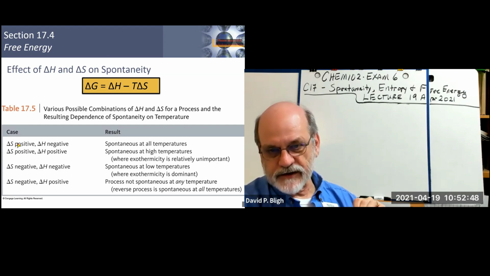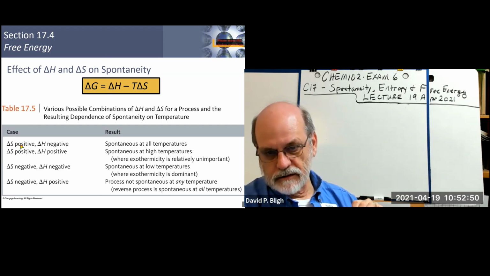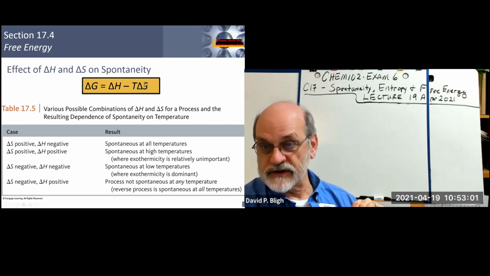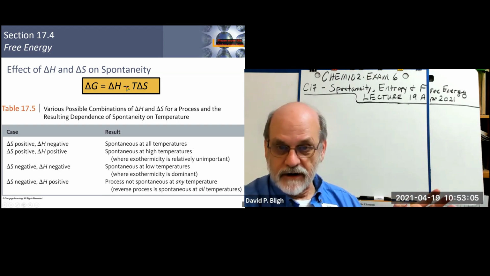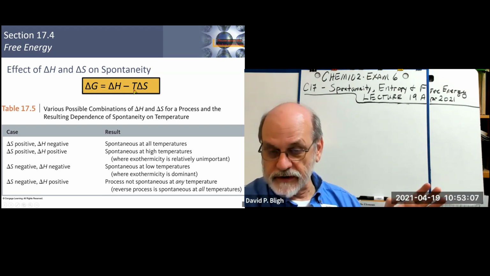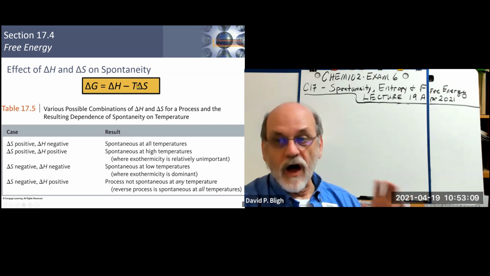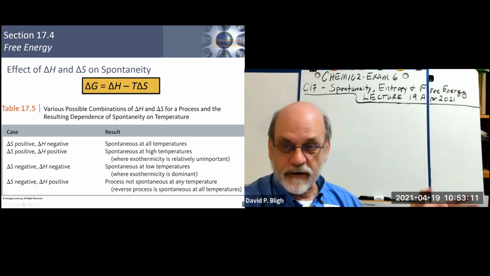So if delta S is positive and delta H is negative, what does that mean? Delta H is negative. If delta S is positive, then the term is negative. Both are negative. Delta G is negative. So it doesn't matter what the temperature is, it's always spontaneous at every temperature.